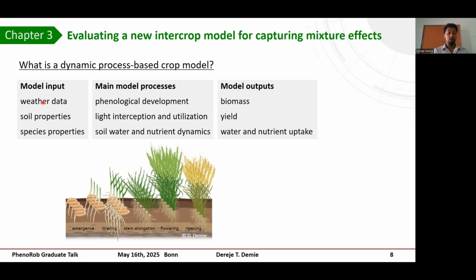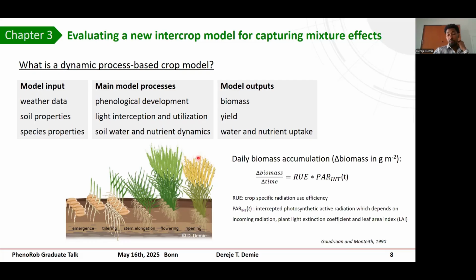For example, the model inputs include weather data such as temperature, rainfall, and radiation, soil properties such as soil moisture content and soil nutrients, and also species properties. The model processes include phenological development, light interception and utilization, and so on. Based on this, the model gives us outputs such as biomass, yield, or water and nutrient uptake, which we analyze further.